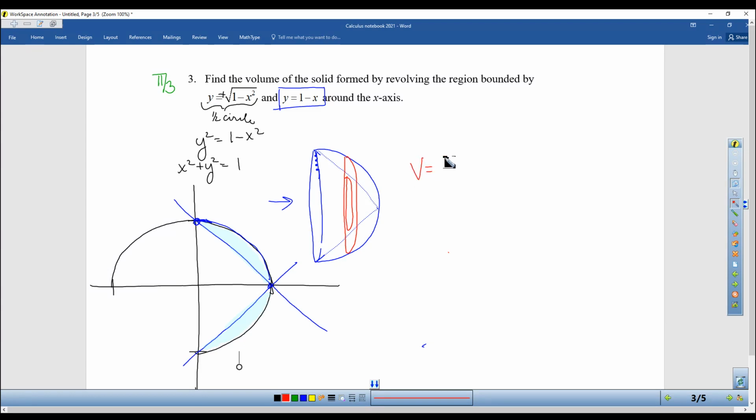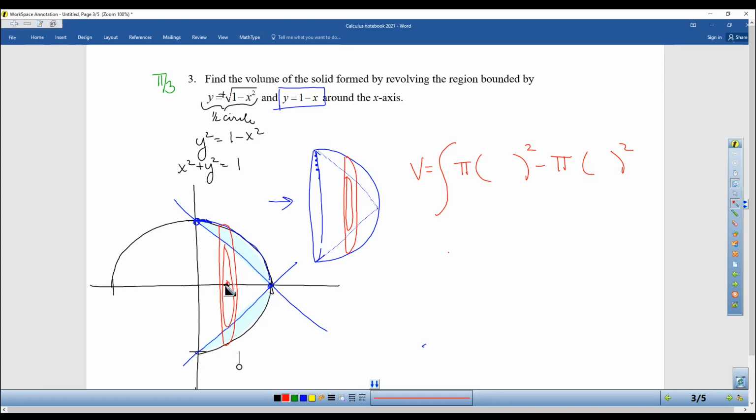So my volume is going to be the sum of all these washer shapes, pi r squared minus pi little r squared. Which one is creating the outer washer and which one is creating the inner washer?